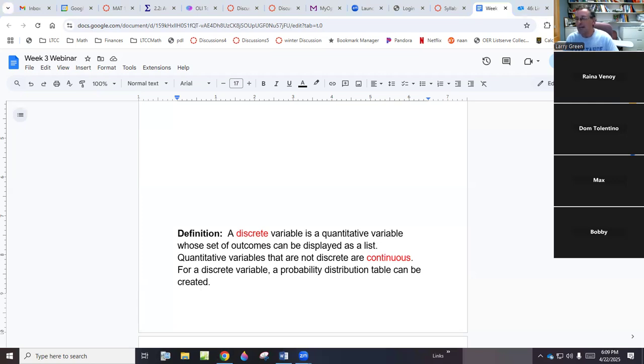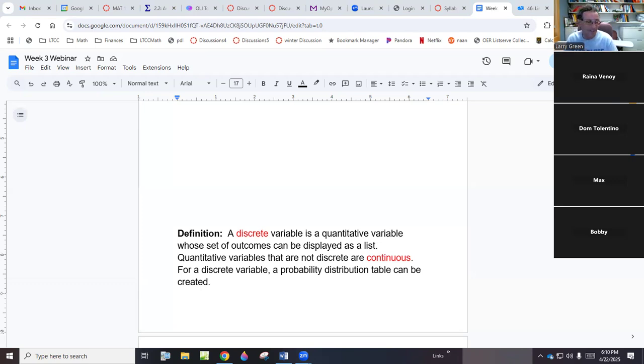How many cups of coffee do you drink per day? You didn't say whether it's discrete or continuous. It's a survey question, but which is it? Yeah, that would be discrete, assuming you can't drink 1.735 cups.